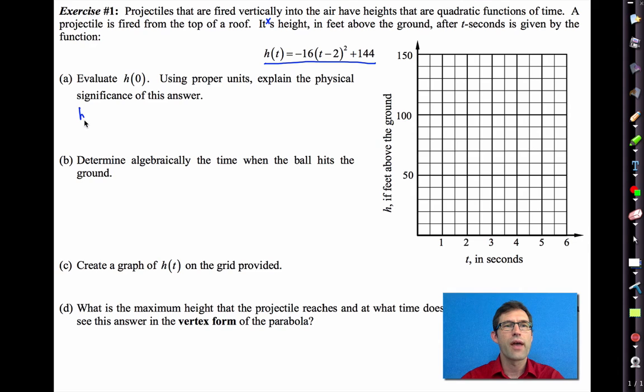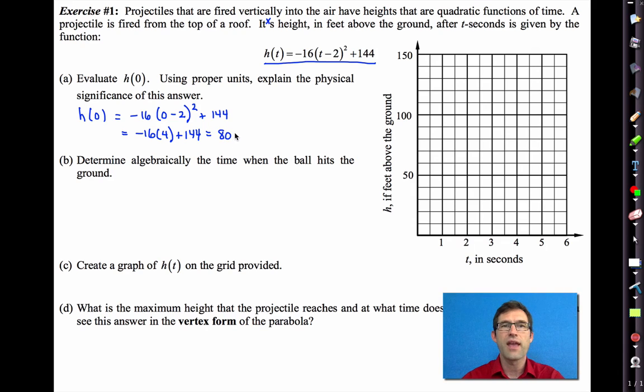Okay, so h of 0 is going to be negative 16 times 0 minus 2 quantity squared plus 144. If we crank through that, that's negative 16, negative 2 squared is positive 4, plus 144. The question is really how much of this are you going to do before you let the calculator take over?